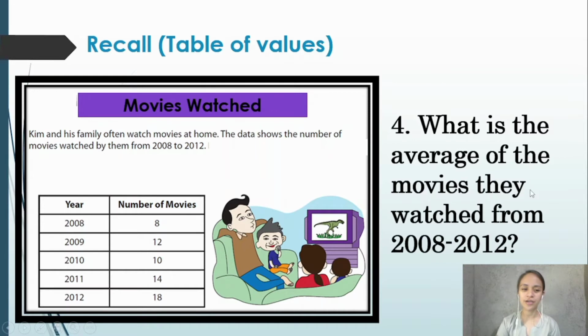So, here, we are going to add the number of movies they watch, 8 plus 12 plus 10 plus 14 plus 18, which is 62, divided by the total number of years, 2008, 2009, 2010, 2011, 2012, which is 5. So, 62 divided by 5 equals 12.5 or 13. So, the average movies they watch from 2008 to 2012 is 13.